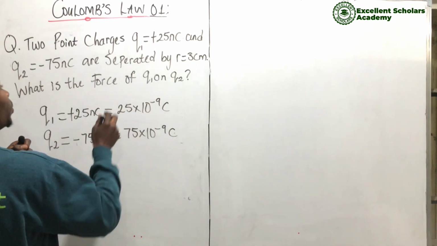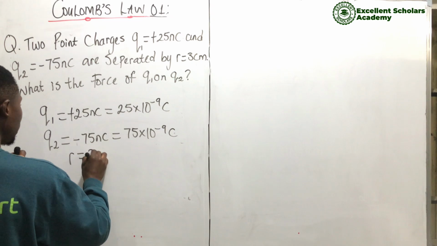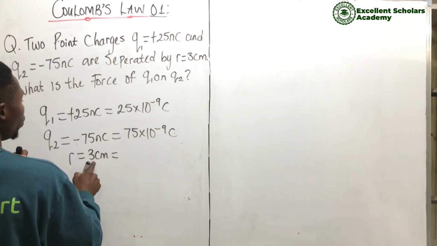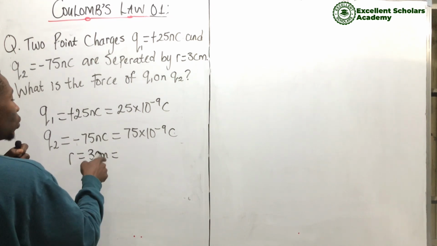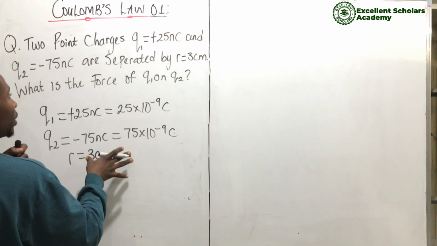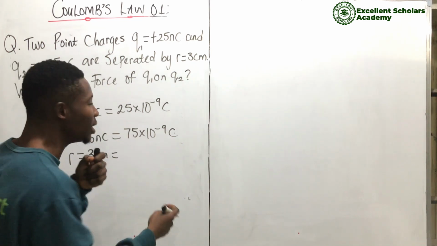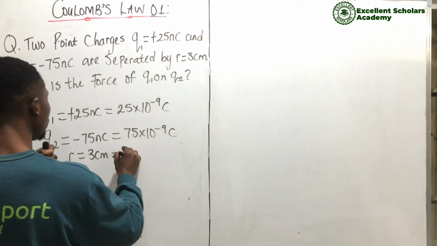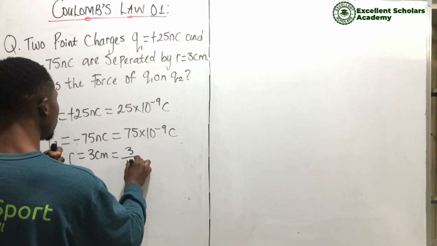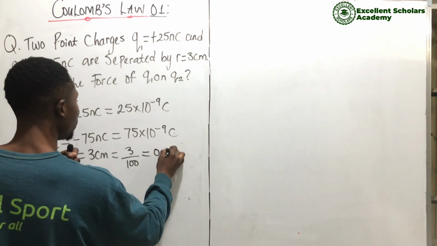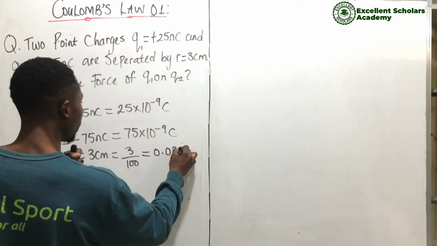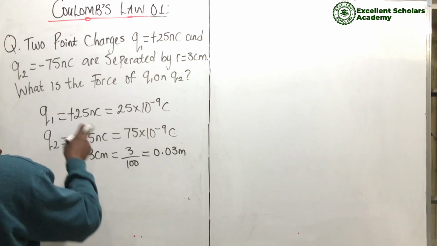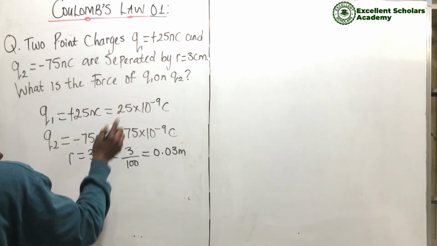Okay, so now the distance is given to us as 3 centimeter. Now, of course, we can convert this to meter because we are working with meter according to our SI standard units. Okay, so this becomes 3 over 100. This gives us 0.03 meter.